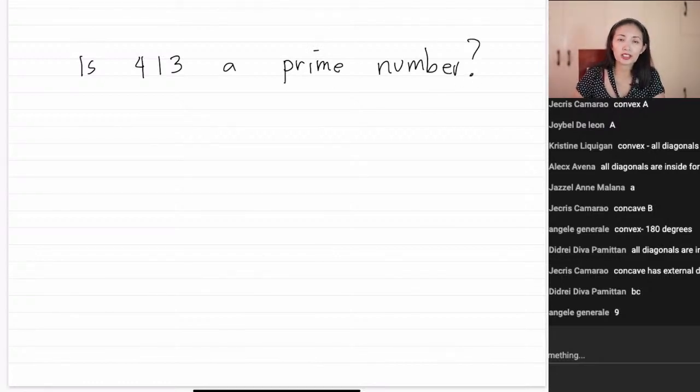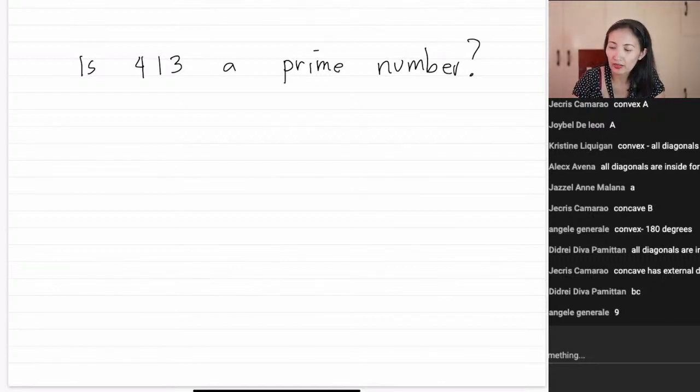You can use divisibility tests. When is a number divisible by 2? If it's even, or if its last digit is divisible by 2.